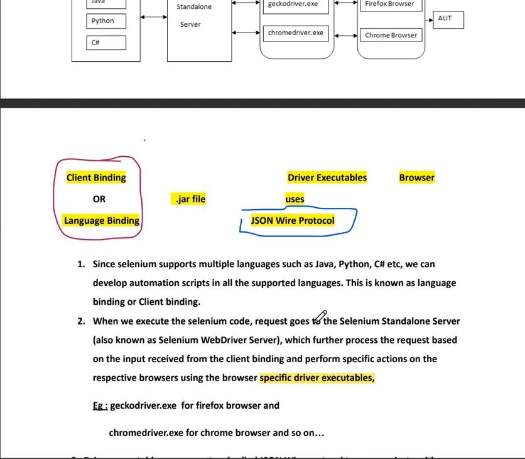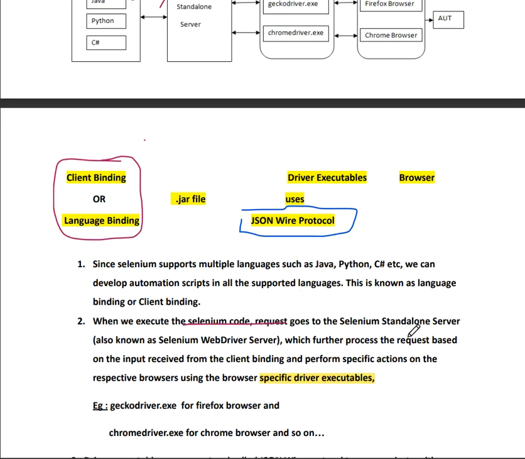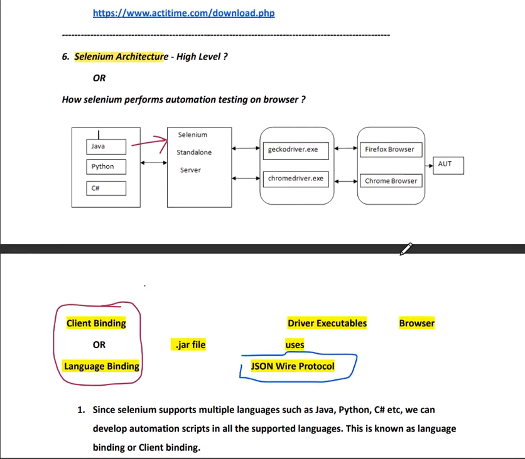So when we execute our Selenium code, the request goes to the Selenium standalone server. Means when we run our test script, the request goes to this Selenium standalone server, which further processes the request based on the input received from the client binding and performs specific actions on the respective browser using the browser specific driver executable.